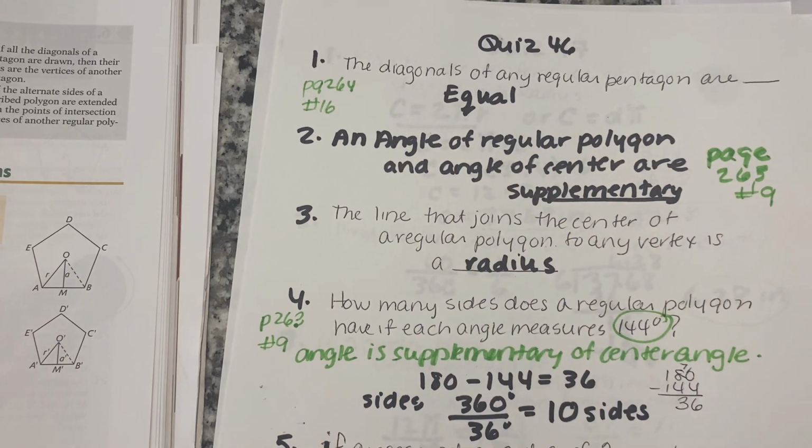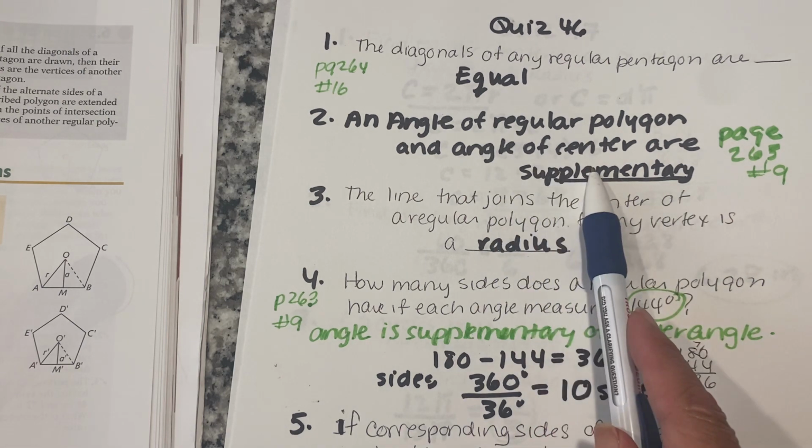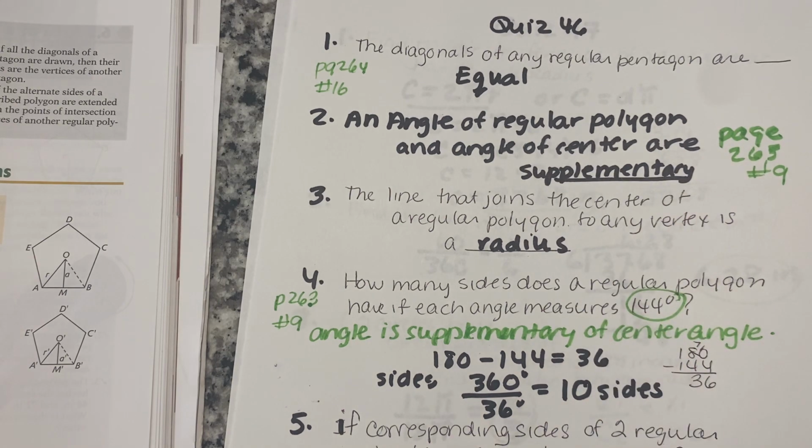Okay. So number 2, the angle of a regular polygon and the angle at the center are what? We went over that, right? Remember the angle at the center. So let me do a little picture of this.